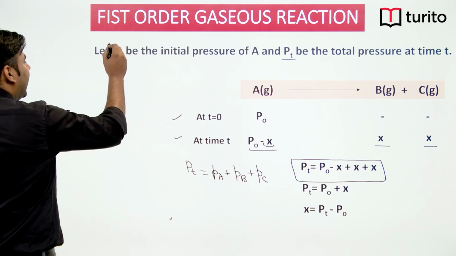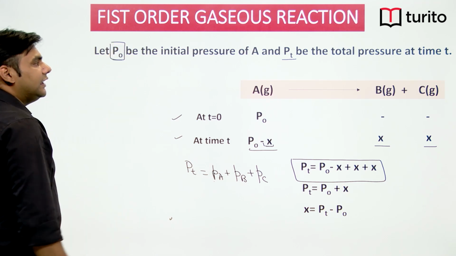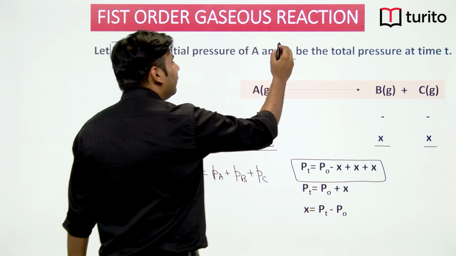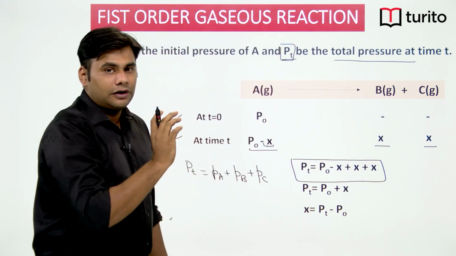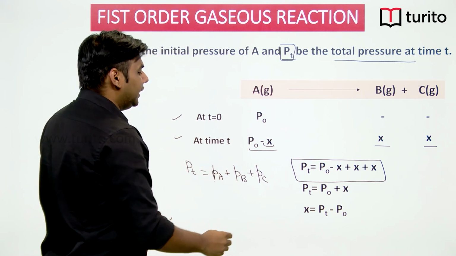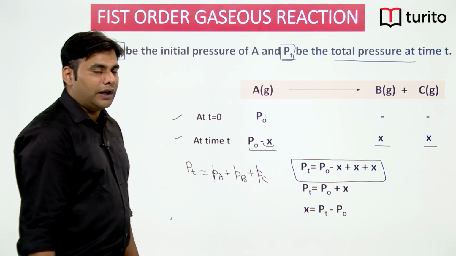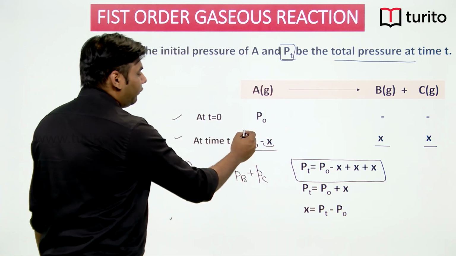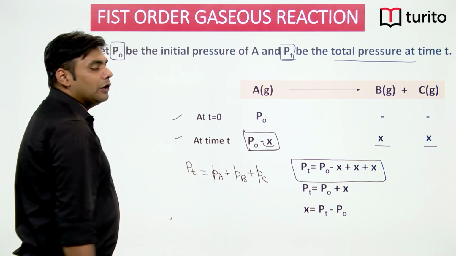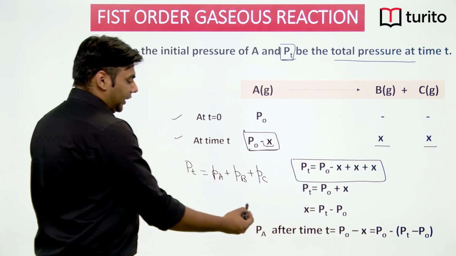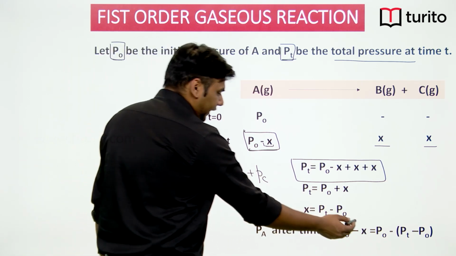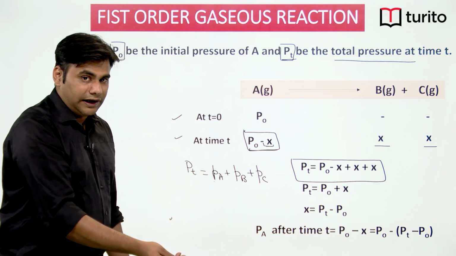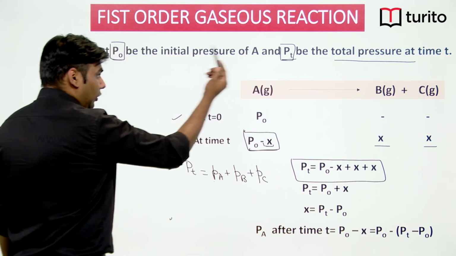Now remember, this data has been given to us that P naught is the initial pressure and Pt is the final total pressure. Okay, so just remember it is the total pressure, not the pressure of A. So basically we will get the expression for X. Now we know that the pressure of A after time T is P naught minus X. So we will just substitute the value of X over here because X is unknown right now, we have been given only P naught and Pt.